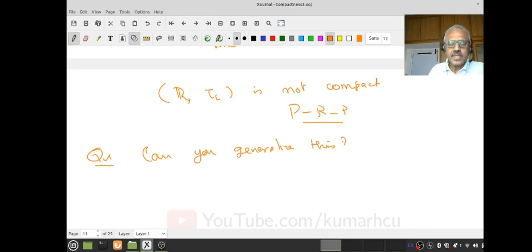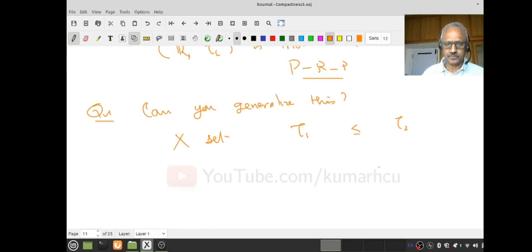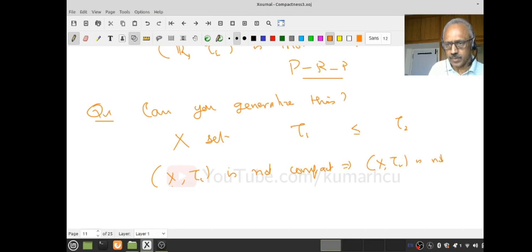What really happened? So I have a set X and I have two topologies, tau 1 and tau 2, and I'm assuming tau 2 is finer than tau 1. Then what I said is, if (X, tau 1) is not compact, this implies (X, tau 2) is not compact. Do you see the proof?